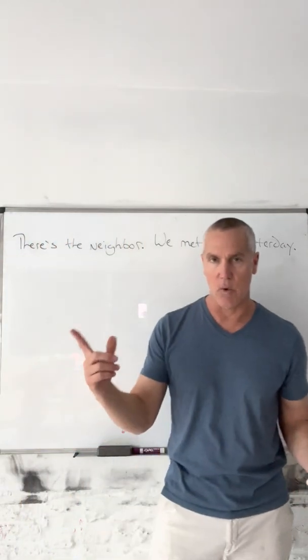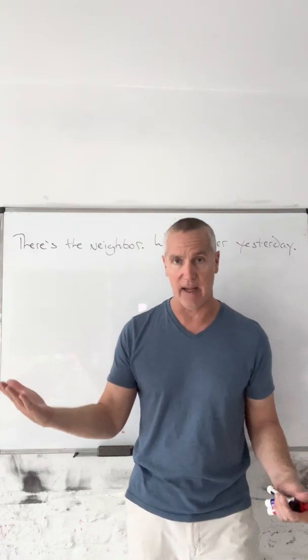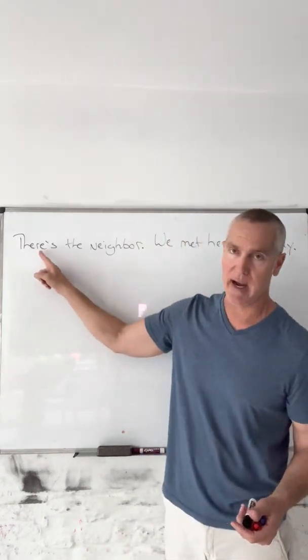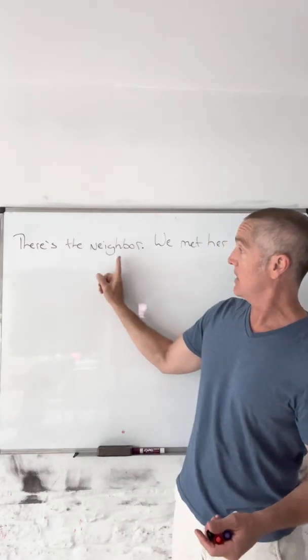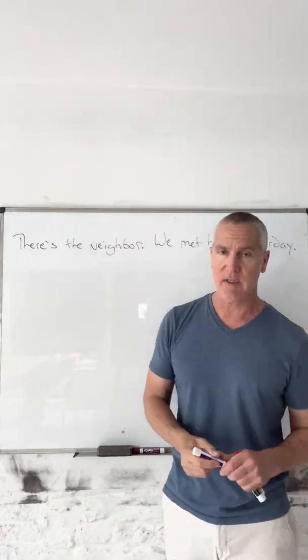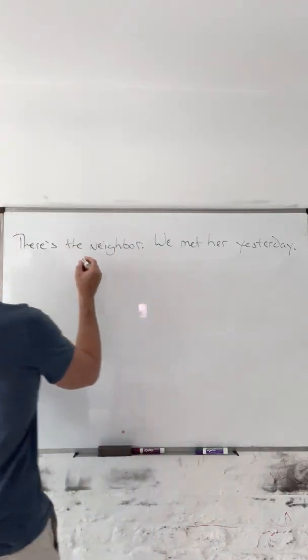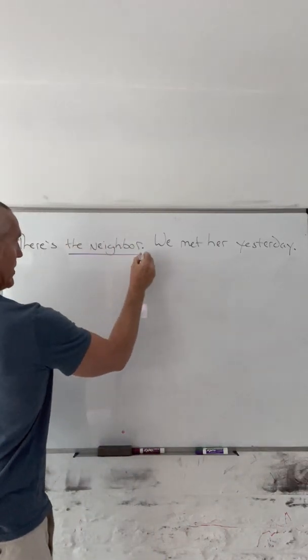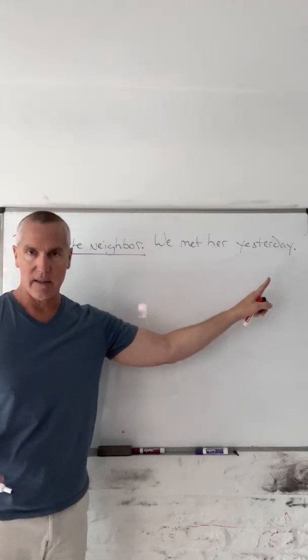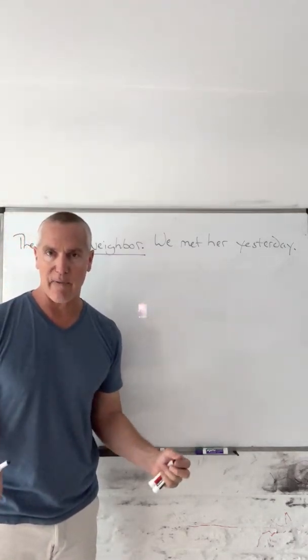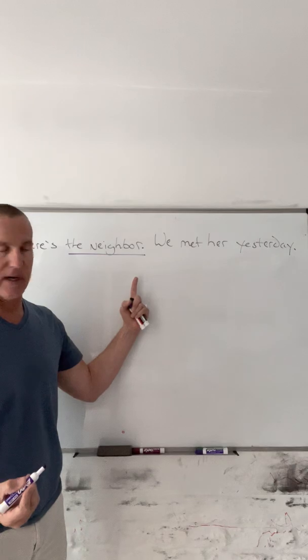Well, there's only one noun that we can modify, and that's the object, because we can't modify that. That's like a dummy pronoun. There is. There's the neighbor. So the noun that receives the modification is the noun, the neighbor. When we look in the second sentence, where is the reference to the neighbor?